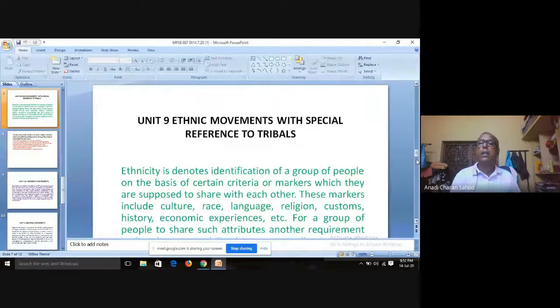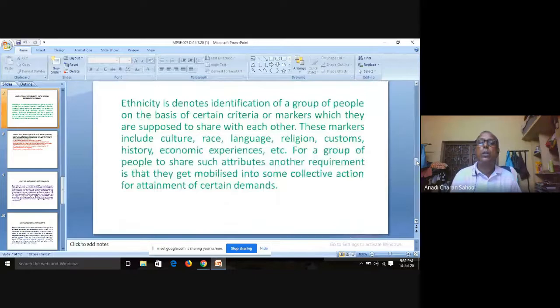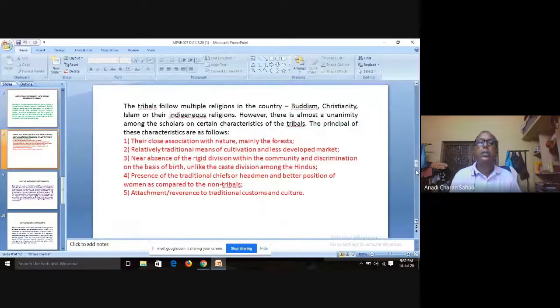They are present in Buddhism, in Christianity, in Islam, or they have indigenous religions. However, there is almost a unanimity among the scholars on certain characteristics of tribals.